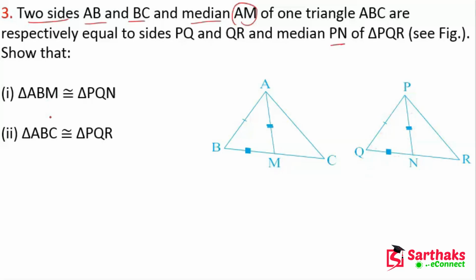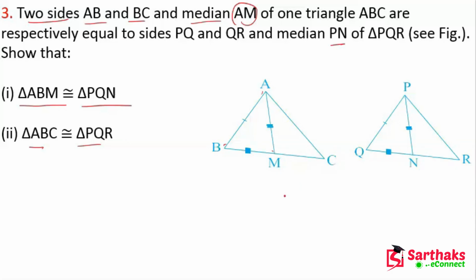Now we have to prove, in the first part, show that triangle ABM is congruent to triangle PQN, and triangle ABC is congruent to triangle PQR.